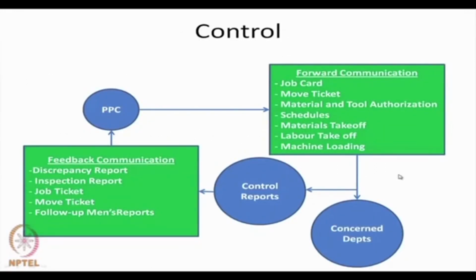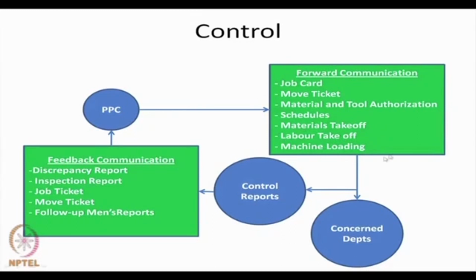Finally, the control aspects. Control is carried out almost everywhere, but as you can see, PPC releases various forward communication in the form of job card, move ticket, authorizations for material and tool procurement, prepares schedules, authorizes materials takeoff, labor takeoff, machine loading.